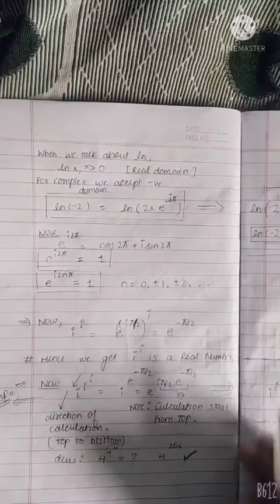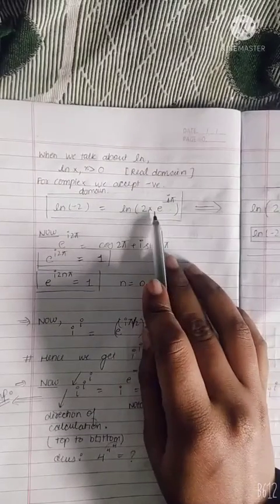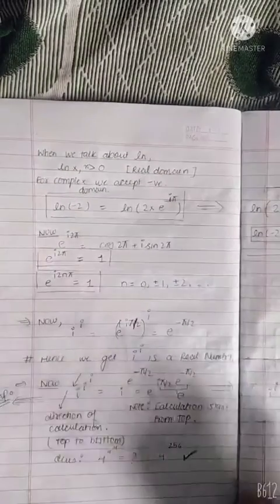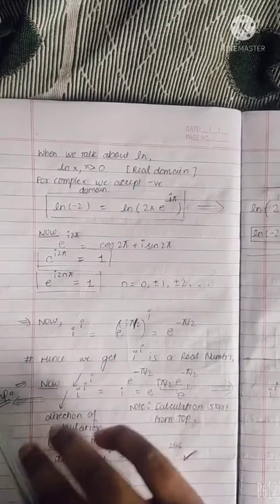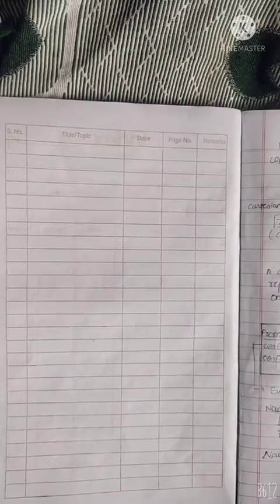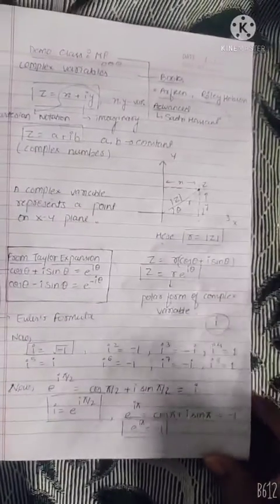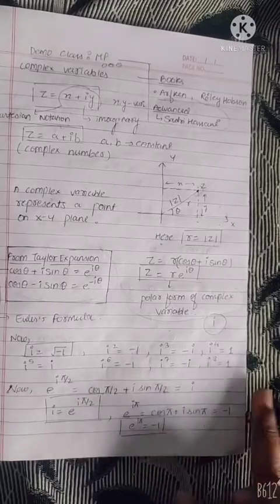What we can write it as is ln 2 into e raised to power iota pi. Now how iota pi? Because we know -1 can be written as e raised to power iota pi, correct?